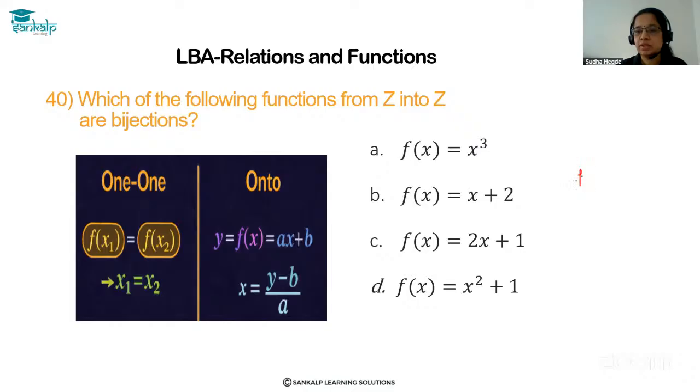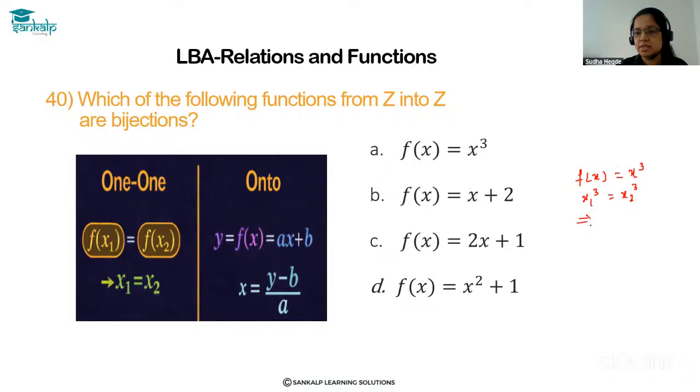f of x is equal to x cube. So to check one-one, how do you check? x1 cube is equal to x2 cube.